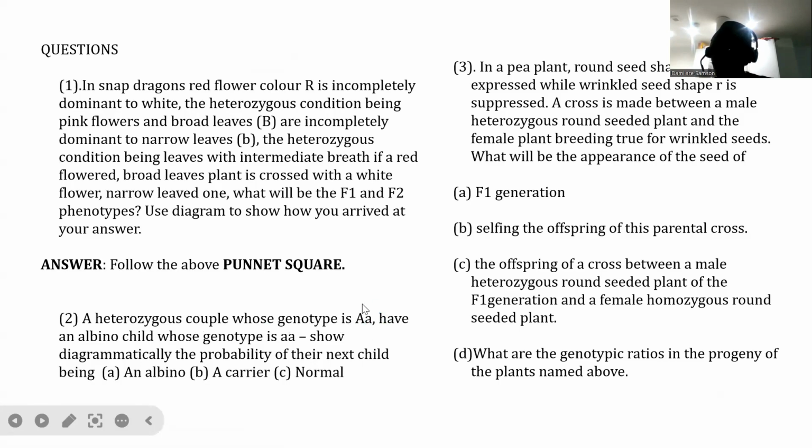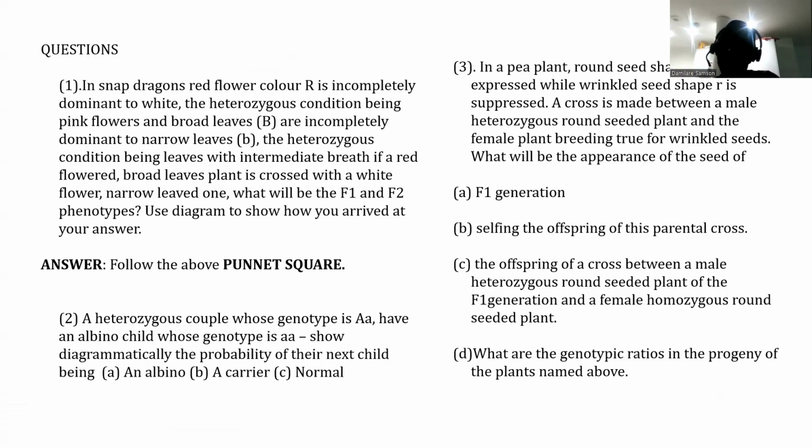What are we trying to say? They have heterozygous condition, and because of that, the two of them are not albino. But because of that recessive gene a that the two of them carry, remember, it is not a sex-linked character. If it is a sex-linked character, the man will have it, like the man will be an albino.